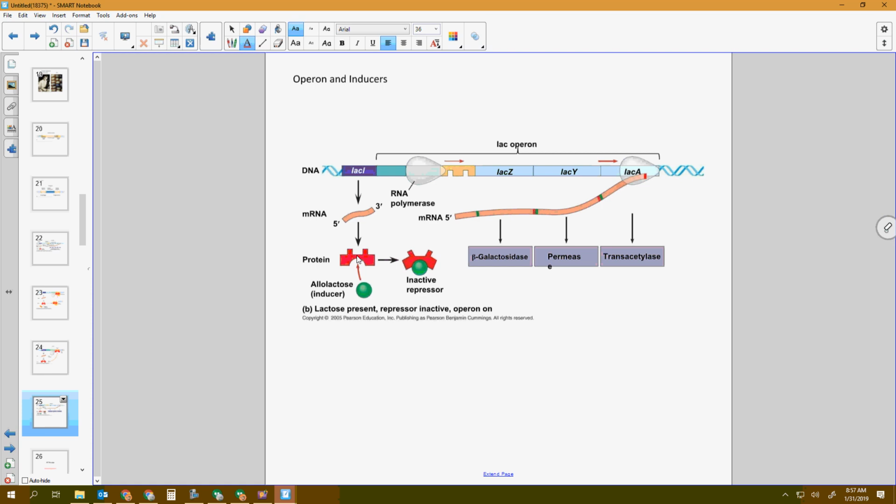When an inducer comes into play, this inducer is this green ball, it causes the repressor to lift off the promoter and then allow transcription to occur. In this particular operon, this is called the lac operon because it codes for a gene that breaks down lactose. And so when lactose is present in the cell, that cell needs to break it down.